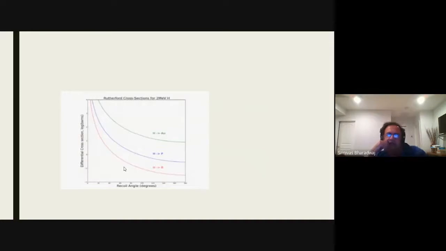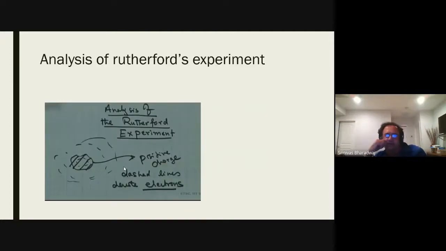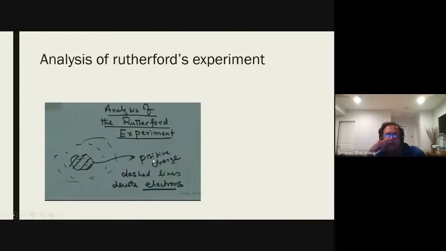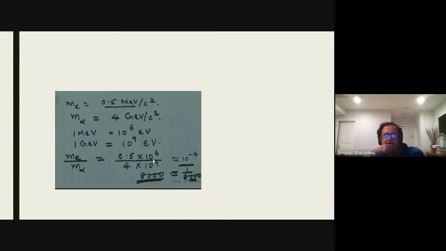The worst angle of recoil is when you go head on into the nucleus, then it deflects significantly further. Okay, so that was the main thing that Rutherford was able to show. And that's why you have these recoil angles in this picture, right? And so that is the analysis of Rutherford's experiment.